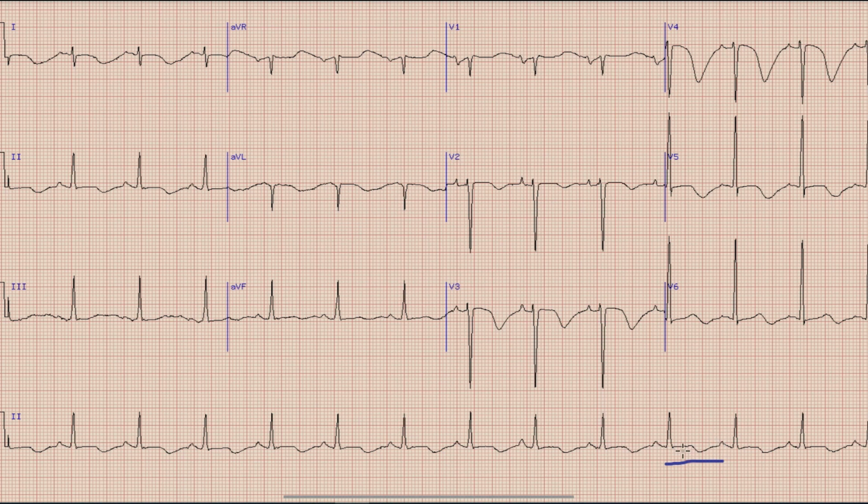A quick method to assess the prolongation of QT is that you select two R waves and note down the center point between the two R waves. If the QT interval is more than half of the distance between two R waves, it means that there is possible QT interval prolongation.